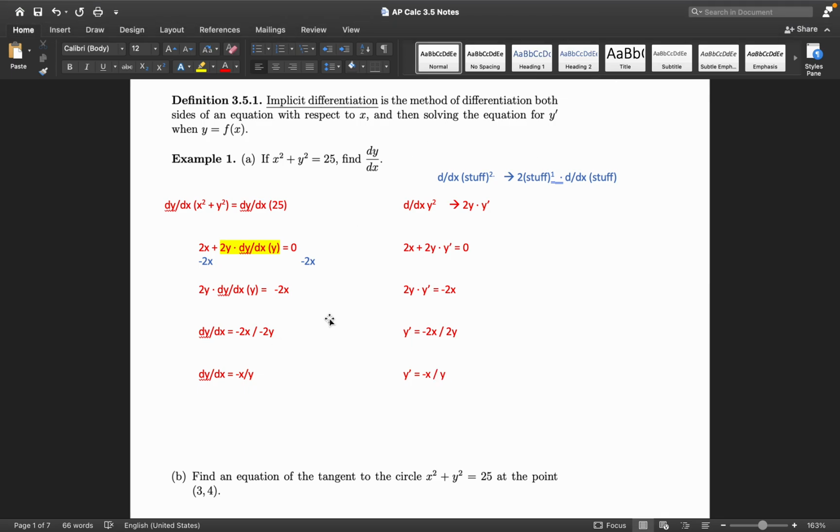It means the same thing, right? This dy dx is just a different way of writing y prime. It's like when we did d dx of f of x versus f prime of x. It's the same thing.